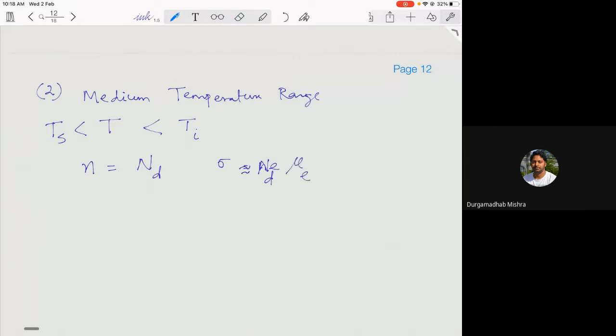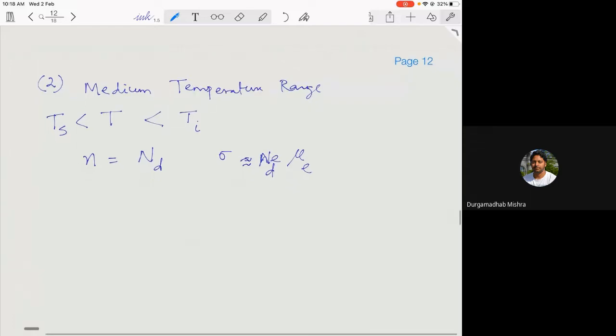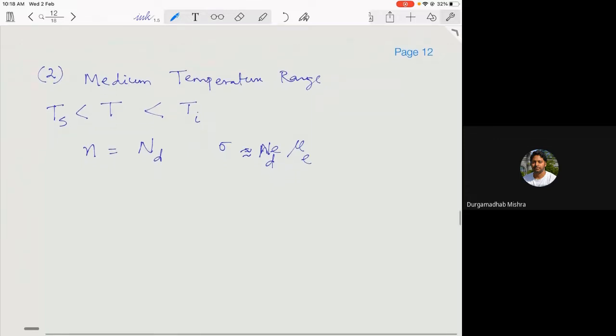So in this temperature range, the conductivity will be dominated only by the electron concentration, because all the dopants are ionized here, and this region is therefore known as the extrinsic range.